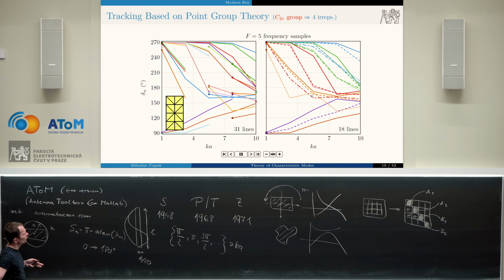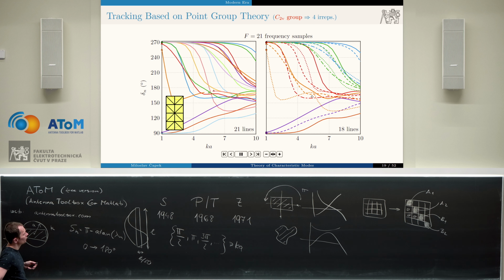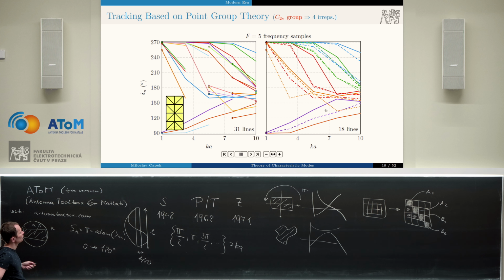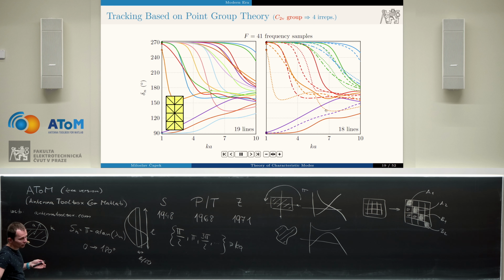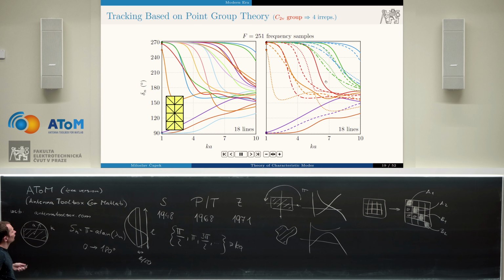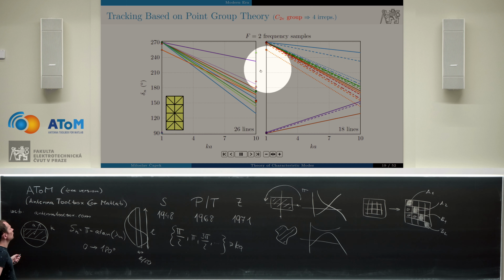While for eigentraces from different irreducible representations, the crossing is allowed by the von Neumann-Wigner theorem, and you can see that you can find a lot of crossings for these different line styles. And once again, you can see perfect convergence for the symmetry-based tracking, while it's a bit complicated for the standard correlation-based tracking.